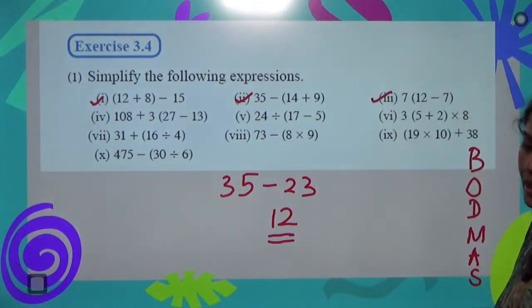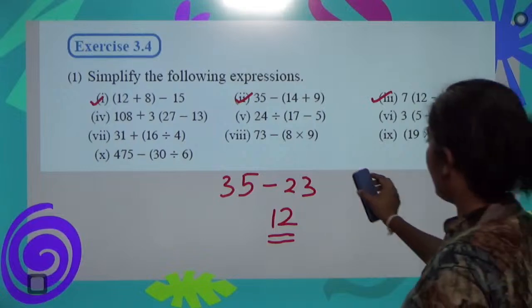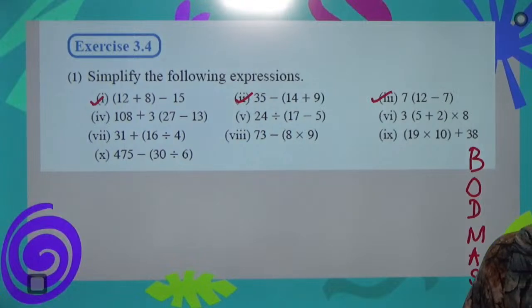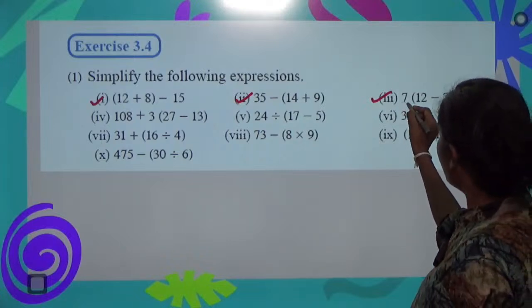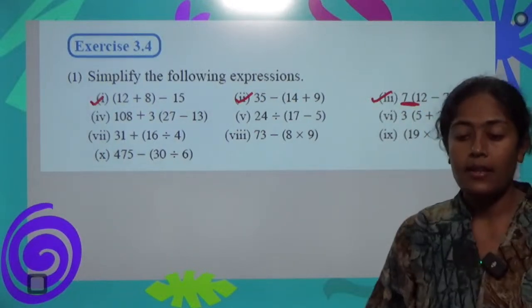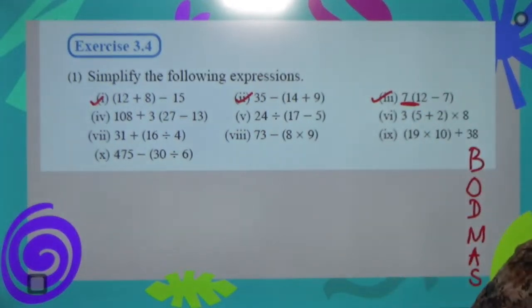This one, I'll explain first. There is a new thing here. 7, then within brackets 12 minus 7. You have to know what is the mathematical operation in between 7 and these brackets. Do you know what that is? No?